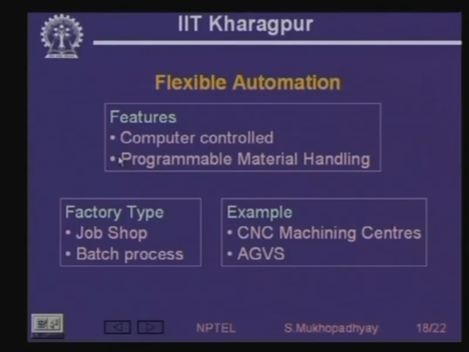Now all these, that is fixed, programmable and flexible, are mainly concerned with automation over a limited spatial range. You are talking about local automation, maybe within a shop, or within parts of a shop, or maybe involving just one or two machines.